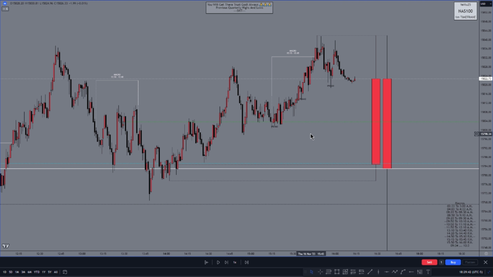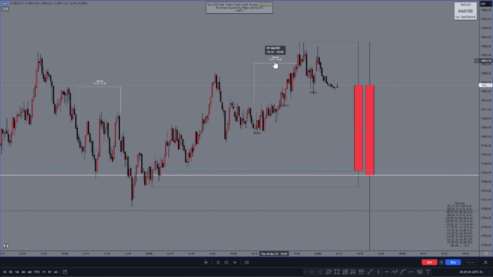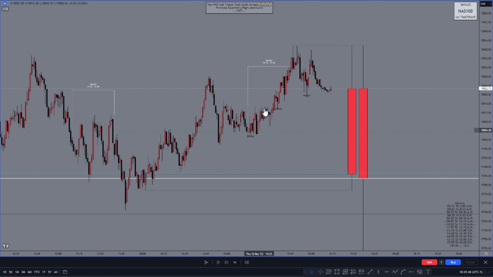Okay, after that we have this one, 3:15 to 3:45. This macro, I don't know how it works. Sometimes we'll see this macro expanding, a high resistance liquidity run, expanding, and sometimes we'll see this macro consolidate.